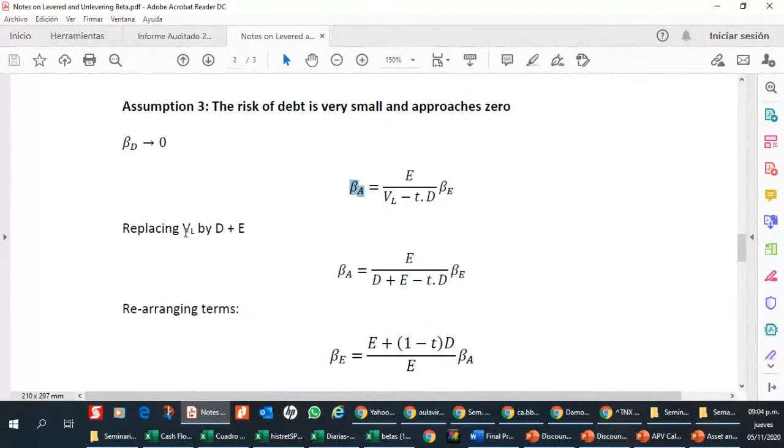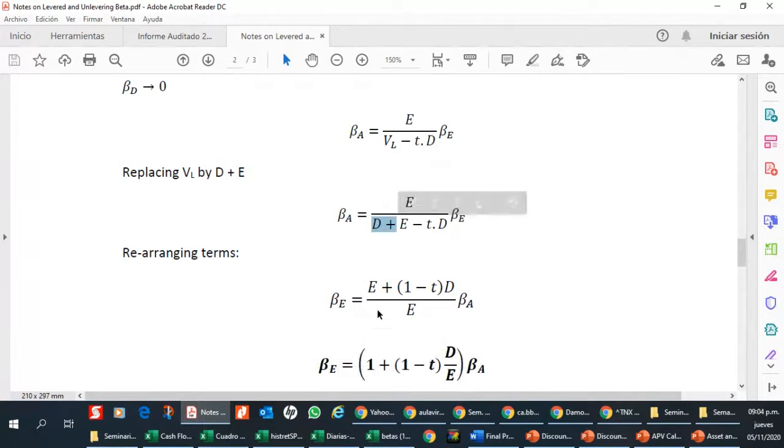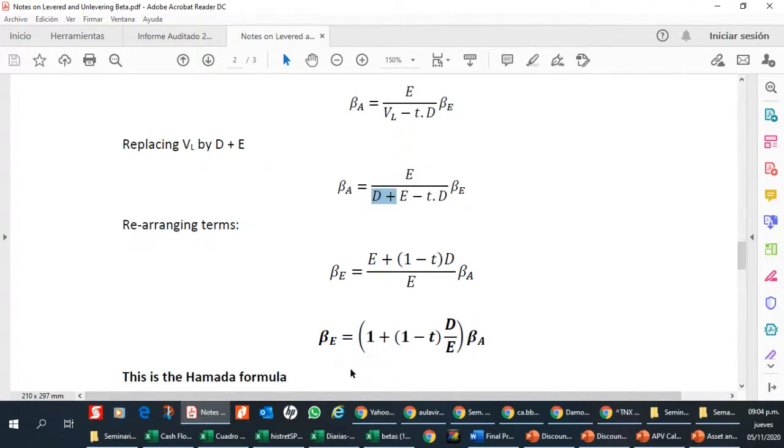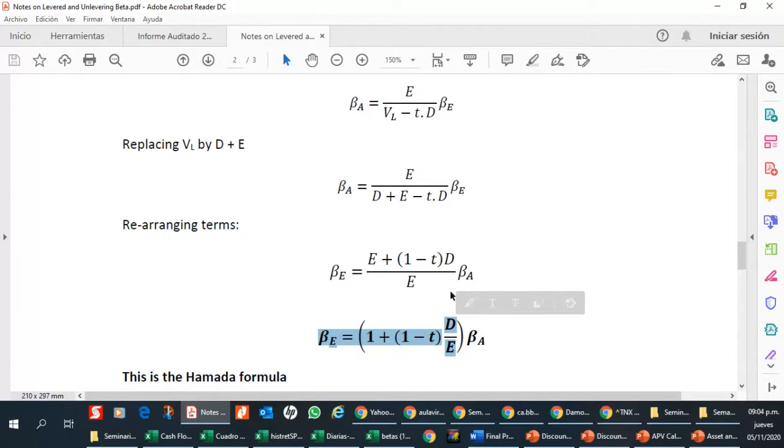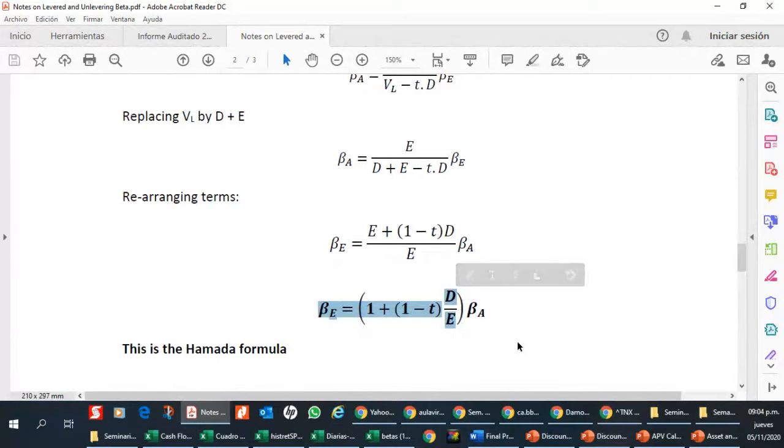I'm replacing value of leverage by D plus E, and rearranging terms, we arrive at what is called the Hamada's formula. You can actually go through the math here.